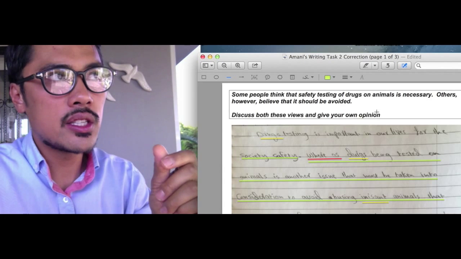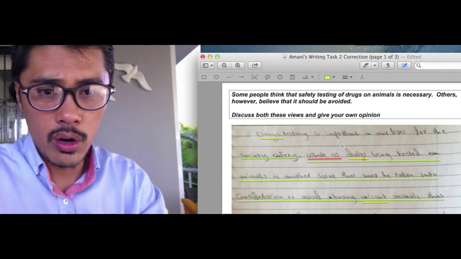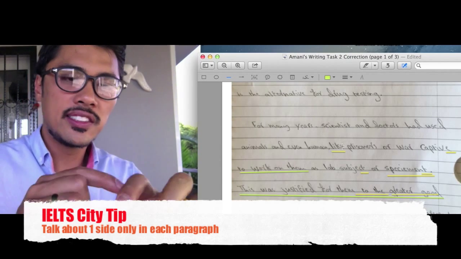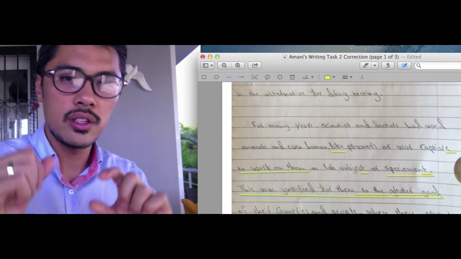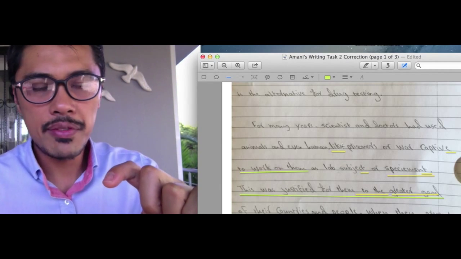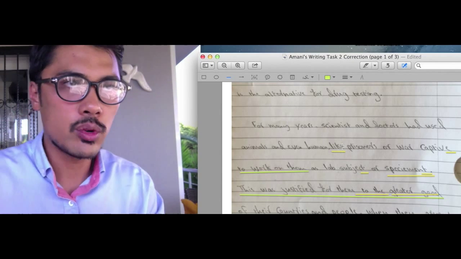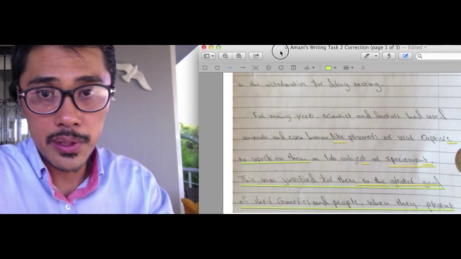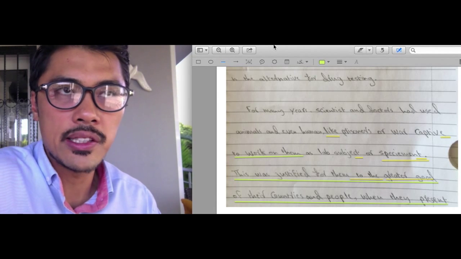Don't mix the two ideas in one paragraph like you did in the one paragraph you wrote on the other hand. You kind of mixed both sides in one paragraph. Separate them. Make sure that they're clear. This paragraph is about the support. This paragraph is about why it's a bad idea. The positives or the advantages on one side, the negatives or the disadvantages on the other. Is that clear? I hope it's clear. So you can probably structure your essay better that way.